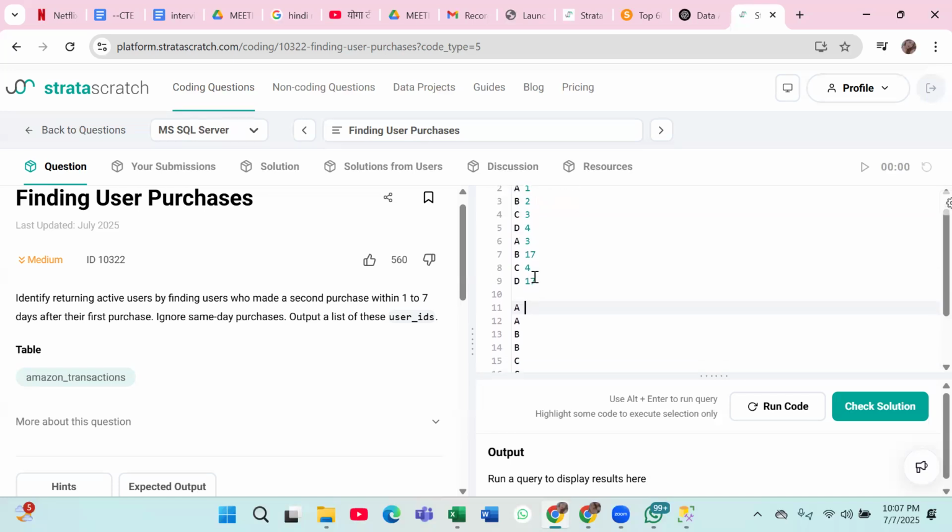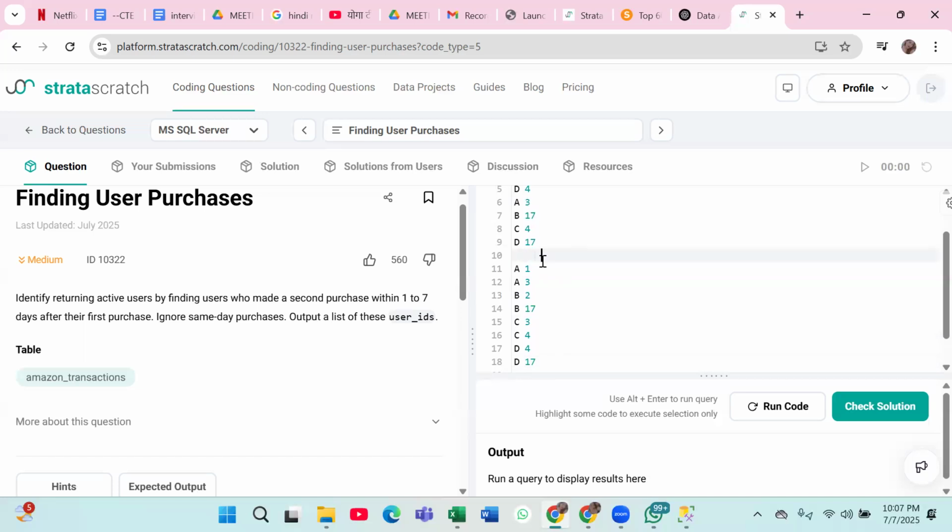It will be 1 and 3 for A. For B, it will be 2 and 17. For C, it will be 3 and 4. And for D, it will be 4 and 70.